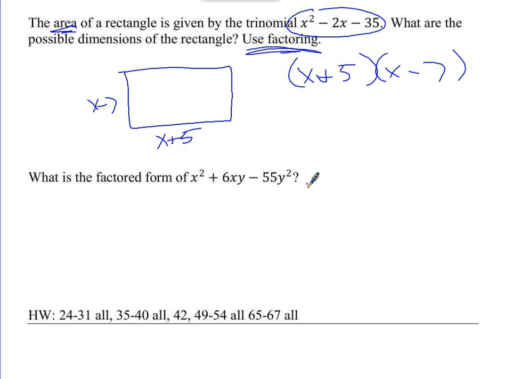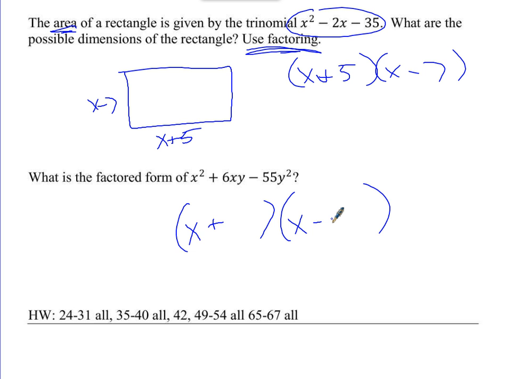So, I'm going to factor this. X and X, because when I FOIL my first terms together, x times x gives me that first term, x squared. I can use the rules of my signs. I have a minus sign sitting here. The only way that can happen is if I have a plus and a minus.